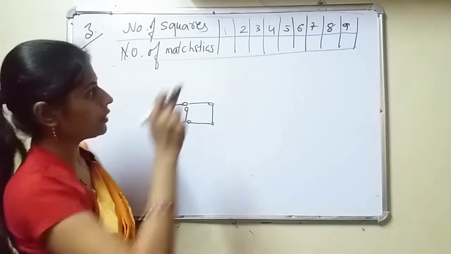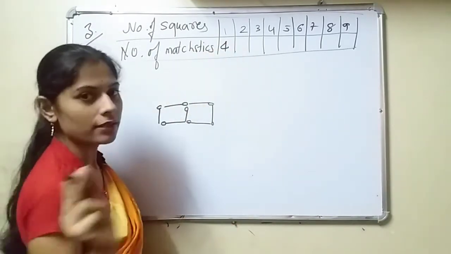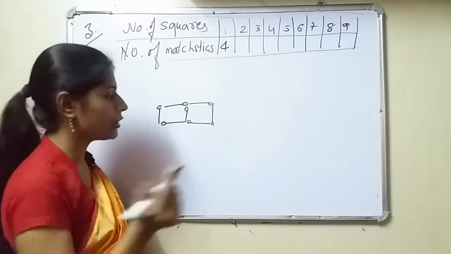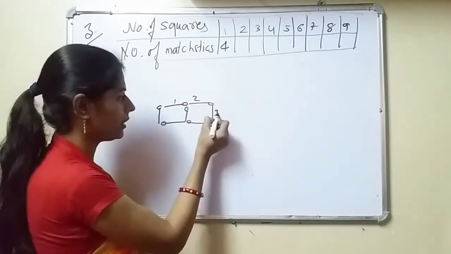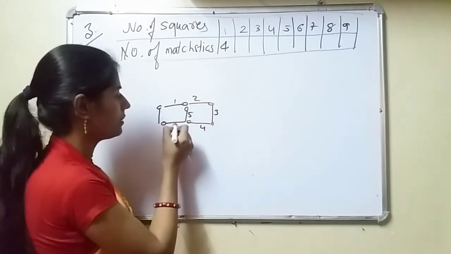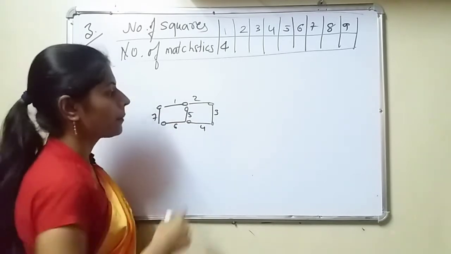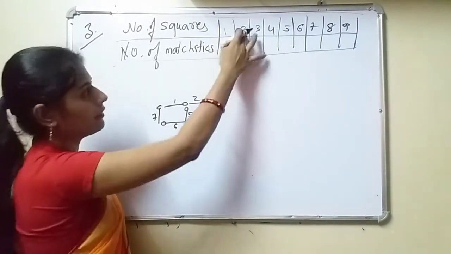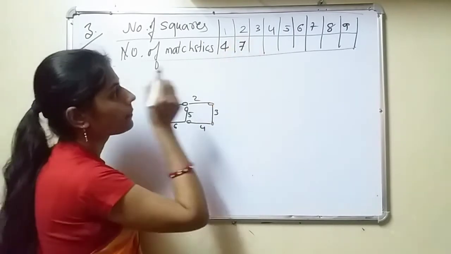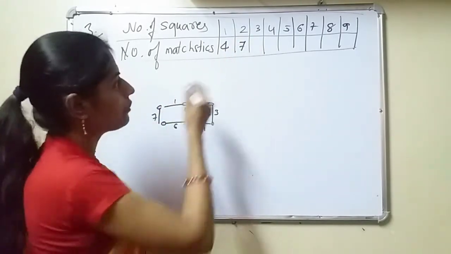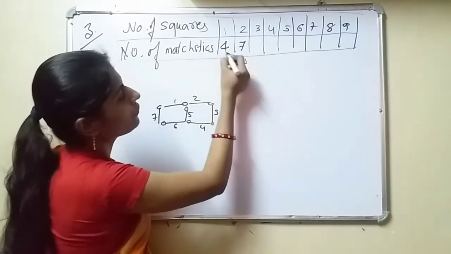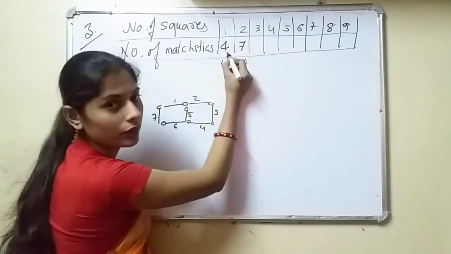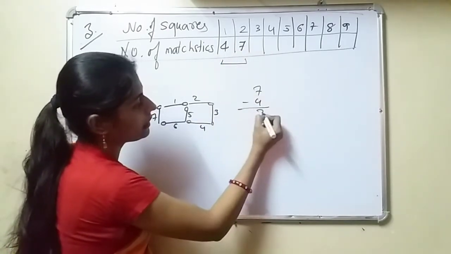Now see, in one square the number of matchsticks is 4, but in two squares, 1, 2, 3, 4, 5, 6, 7. How many matchsticks are there in the second one? That is 7. Now first of all you have to see the difference between 4 and 7. 7 minus 4, that is 3.